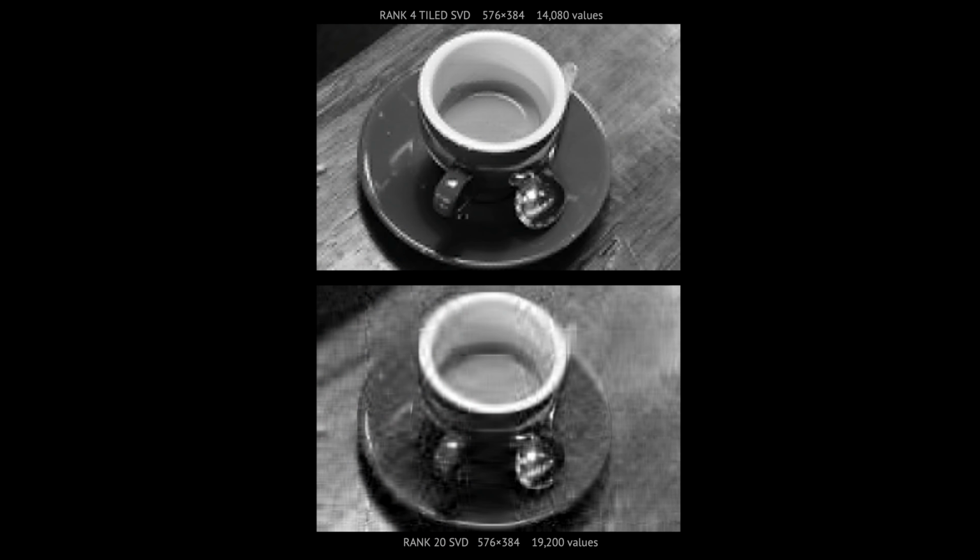What happens here is you start with an image, and then you compute a low-rank approximation of that image using the singular value decomposition. The point of this video is that there's a better way to do this type of approximation. It's even better than the SVD. And guess what? It even uses the SVD.